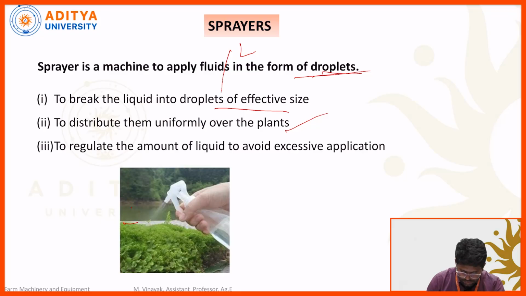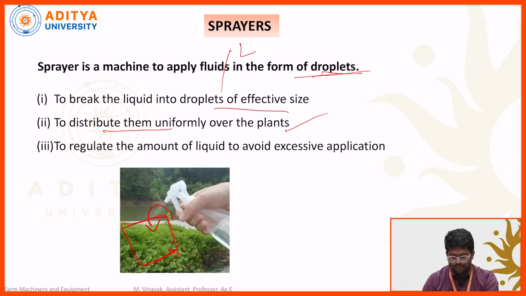Let us take this as a plant canopy. By using sprayers for application of pesticide or chemicals, we need to distribute the chemicals uniformly over the plant canopy.